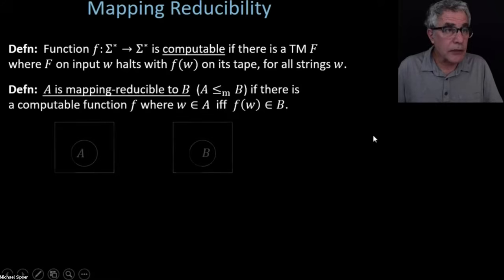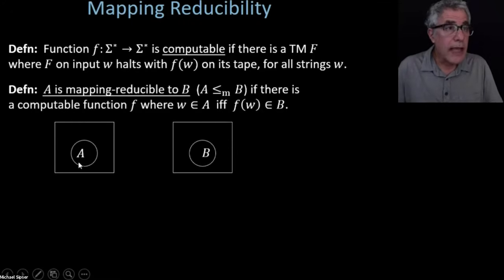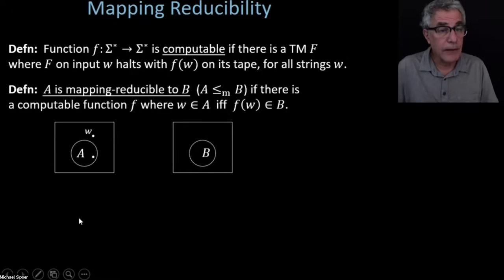And the way to think about it is with this picture. A and B are languages, so here's A and here's B. And now there are strings. w might be in A, it might be out of A. If you're trying to decide membership in A, you want to test whether w is in A or not.